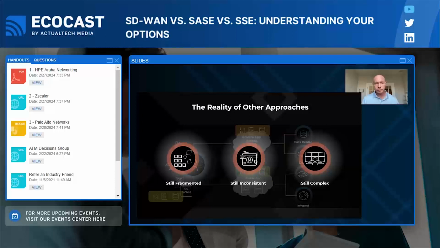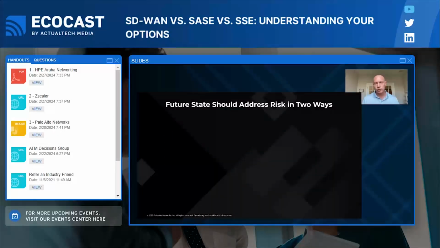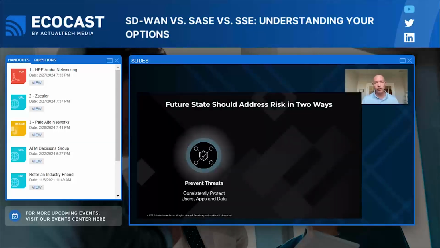And before I get into where I'm going with this next, the outcomes we really need to achieve are going to be bucketized, which I'll show you momentarily. But how we look at this is what's going to make the difference and deliver better outcomes for us. So let's look at them now. We need to address risk in two ways.